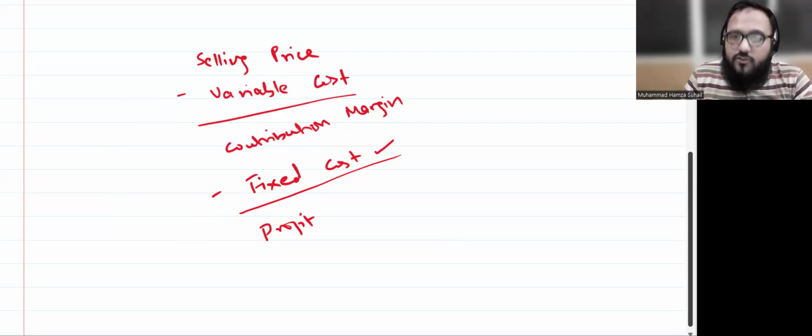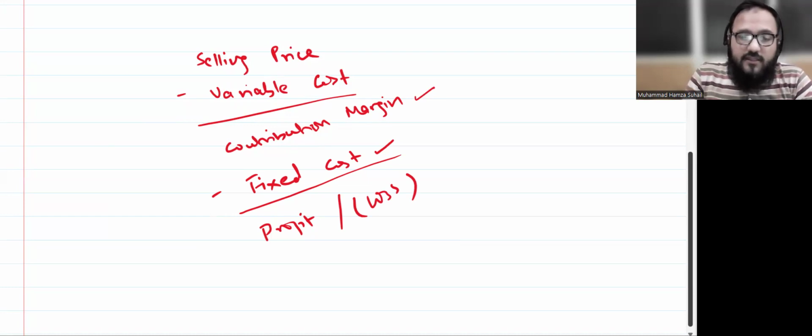And if there is a scenario that the contribution margin is not sufficient to cover the fixed cost of the organization, then the organization will be having a loss. And on what does it depend whether the contribution will be sufficient to cover the fixed cost in total?